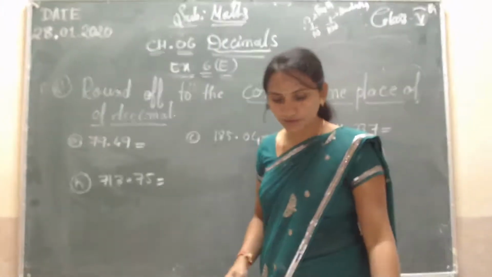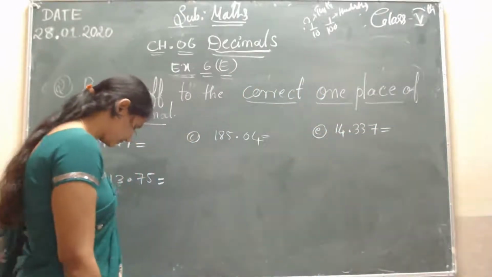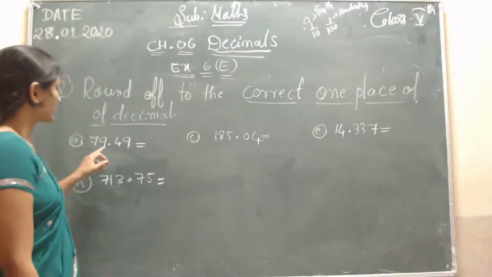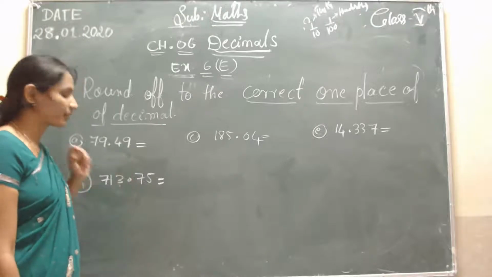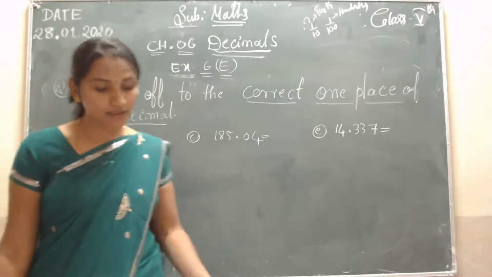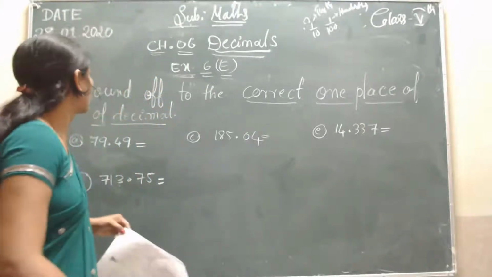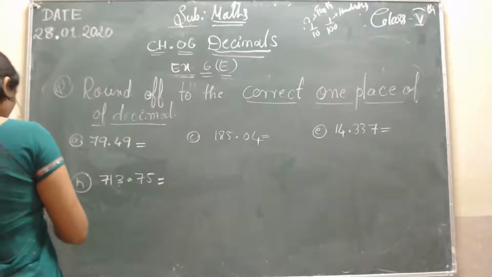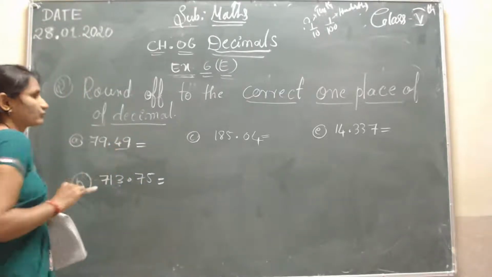Students, you have to observe this question. 79.49. Students, the question is what? 79.49 means, students, round off to the correct one place. Round off to the correct one place. See here, this is 49.